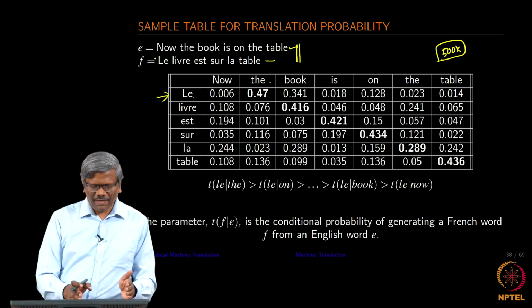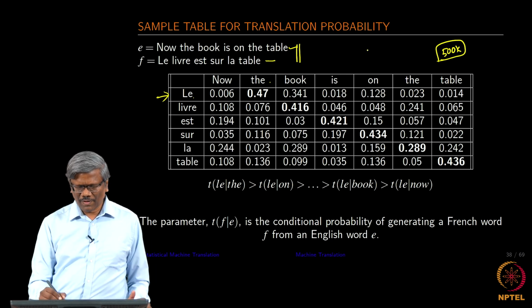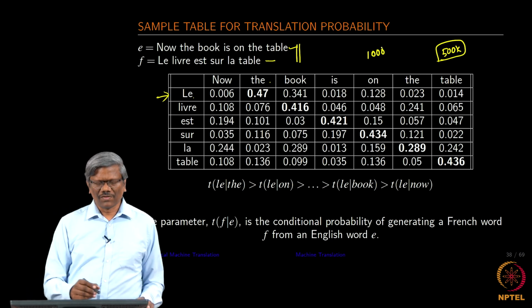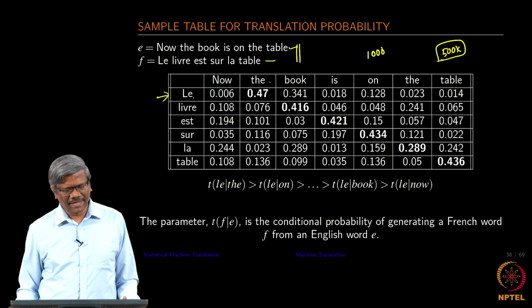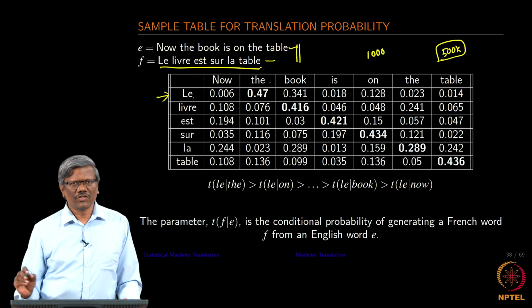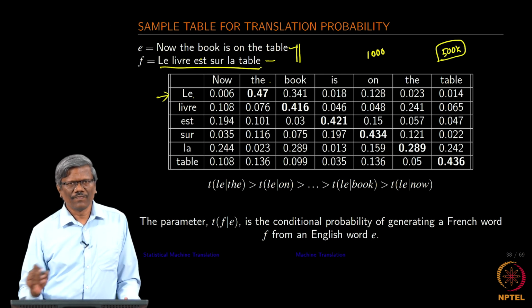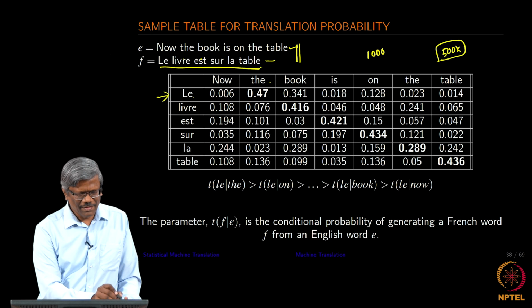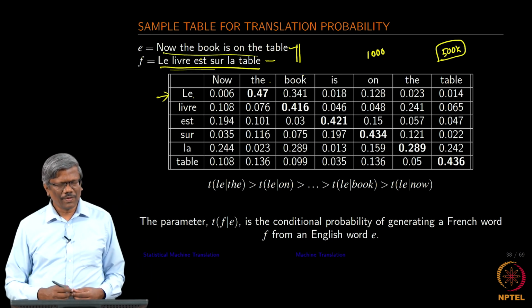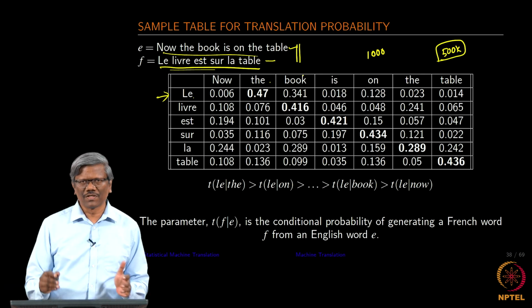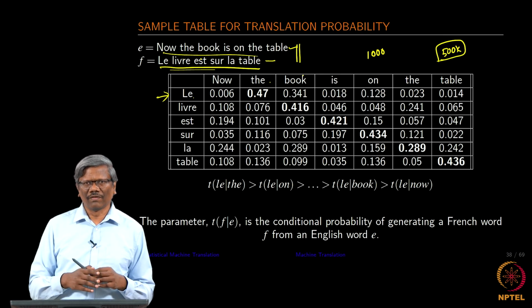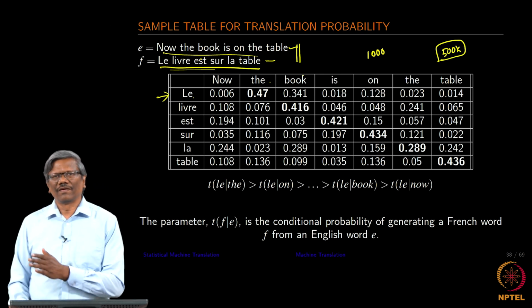Let us say that we have about 1000 sentences that consist of the words book, table, and the translations of that. So, this is one such sentence that we have picked up from the parallel corpus. So, we have an English sentence here, and then we have the French sentence, and now we are going to be looking at all the 1000 sentences and trying to find out the alignment of each word in every sentence.